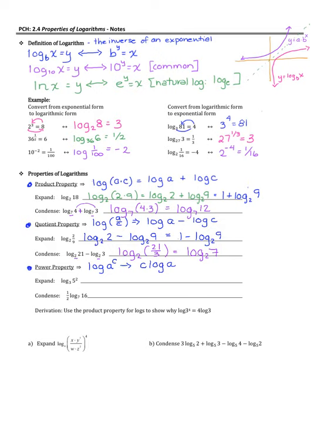So if I am expanding, this 2 can travel in front: 2 times log base 3 of 5. And there we go. And then condensing, it can also, so it travels in both directions: log base 7 of 16 raised to the 1/2, which is taking the square root of 16, which is 4.